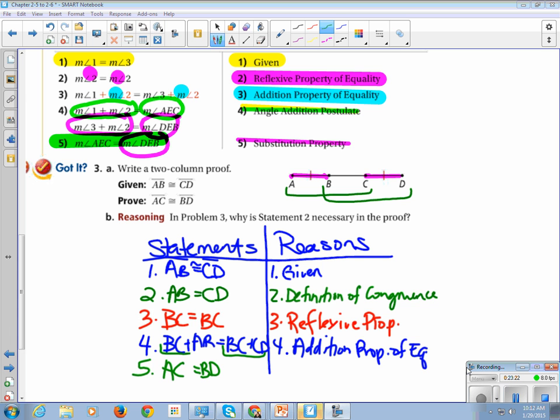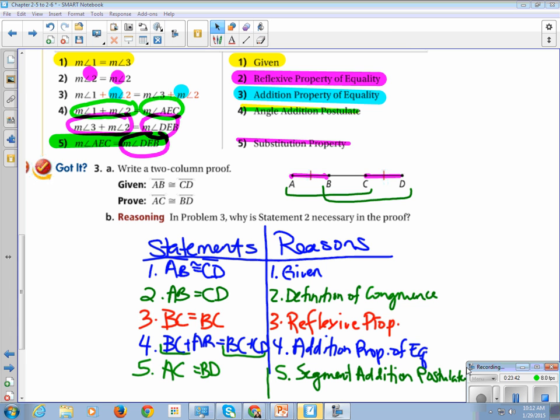And what's the reasoning we use to do that? The segment addition postulate, we learned it earlier. It says if I have two segments that are added together, then I can rewrite them as one segment with the first letter and the last letter.